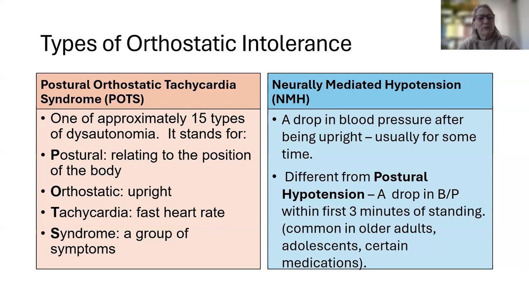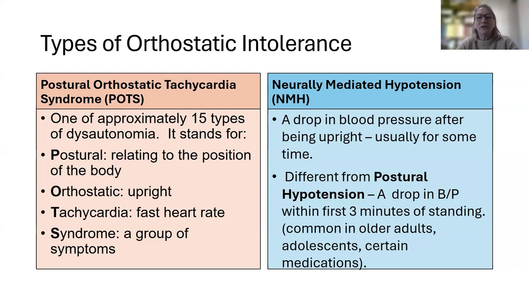So POTS is one of approximately 15 types of dysautonomia, and it stands for, as you can see down there, the P is for postural, which means relating to the position of the body. O is for orthostatic, which means upright. Tachycardia is a fast heart rate, and syndrome is that group of symptoms. So the word POTS encapsulates all of those things.